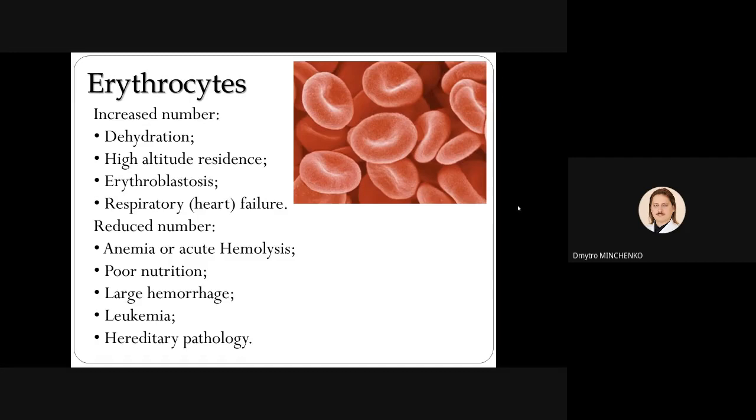Okay, let's look specifically at each parameter of blood and talk about what can cause the elevation of these particular cells and the reduction. So for erythrocytes, increased number appears in situations of dehydration, high altitude residence, such blood tumors as erythroblastosis, and such chronic hypoxia situations as respiratory failure or heart failure.